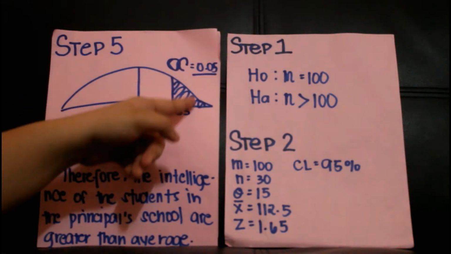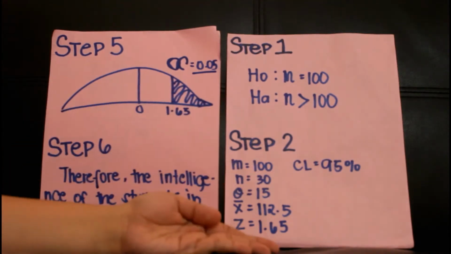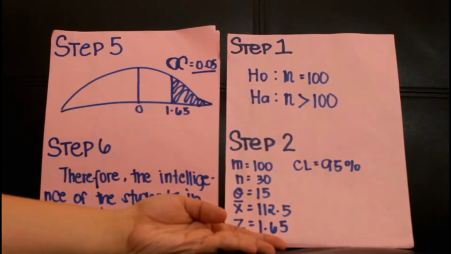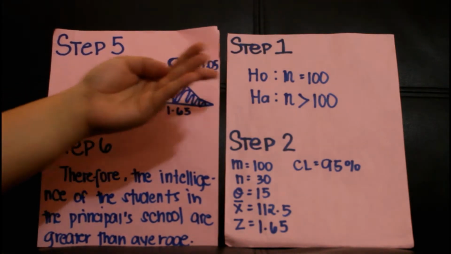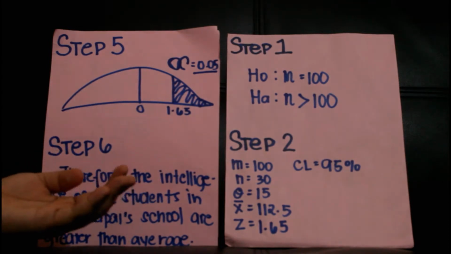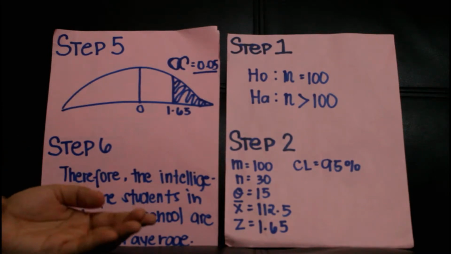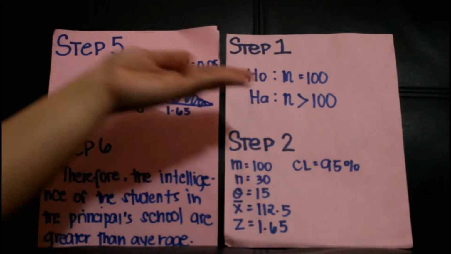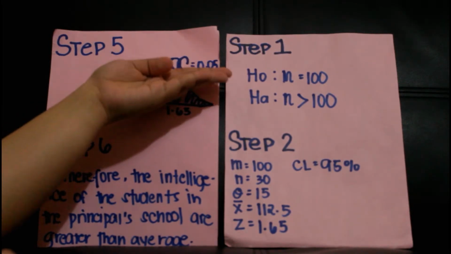Then, ang i-label natin is yung z-score na nakuha natin sa step 2, which is 1.65. Ang significance level natin is 0.05. Since sa problem na to is one-tailed test lang tayo, 95% ang confidence level natin. I-convert natin siya into decimal, which is 0.05.